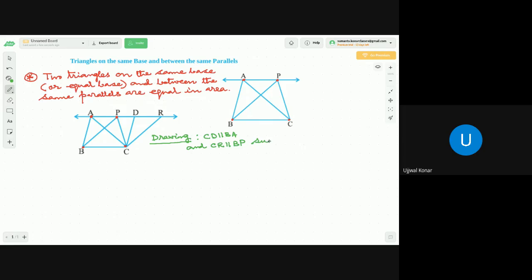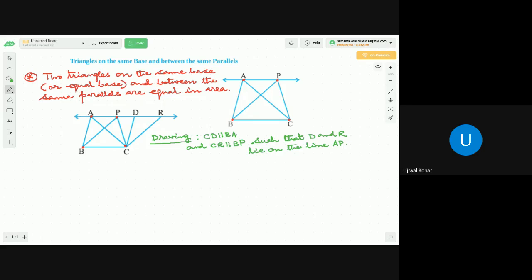I can write it down such that D and R lie on the line AP. Now, how to prove it?